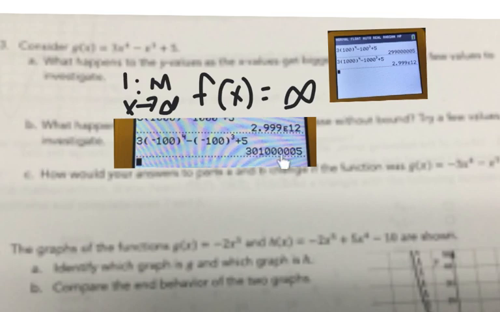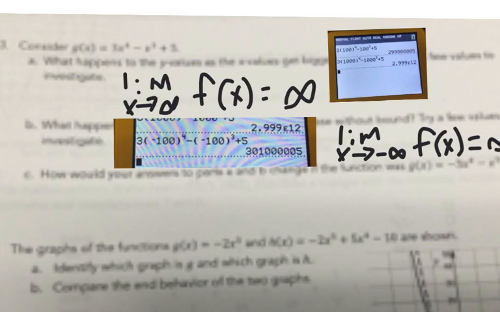Notice it's getting very big again. So this leading term is still winning that tug of war. So what we would say here, the limit as the x's go towards negative infinity. As my x's get very, very small, the y values are still increasing. So f of x goes to positive infinity.